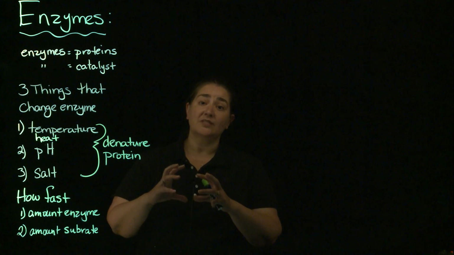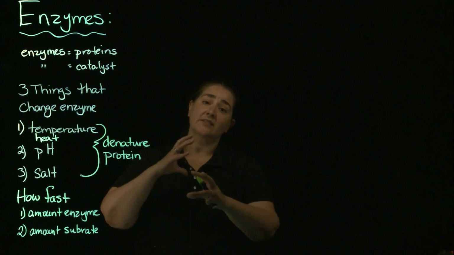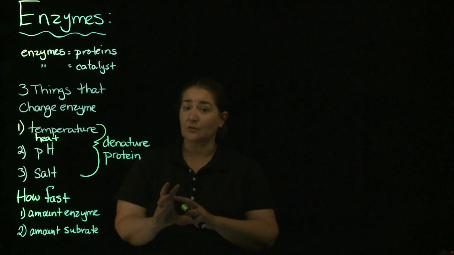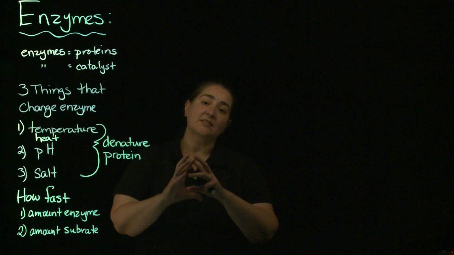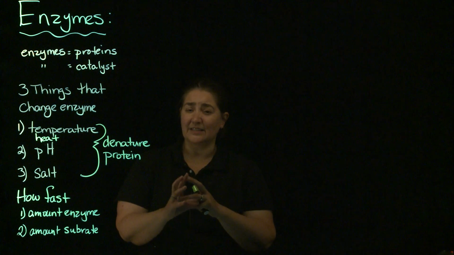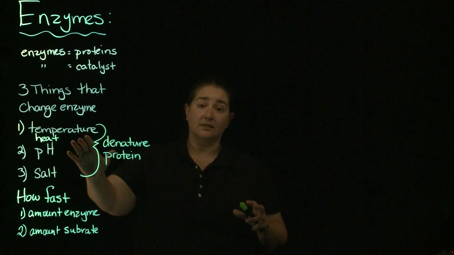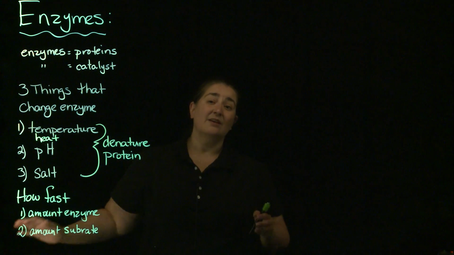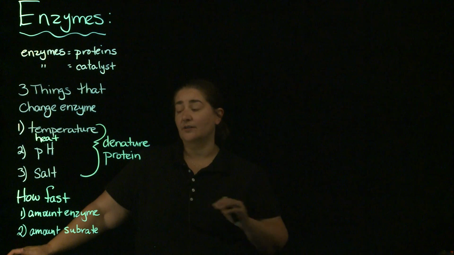Because it's cold, you're inhibiting how fast molecules are moving around and interacting with each other. So in cold temperatures, that enzyme and substrate are moving more slowly, so they're less likely to find each other and interact for the chemical reaction to happen. Enzymes at cold temperatures will still function, but at a very inefficient level, all right?